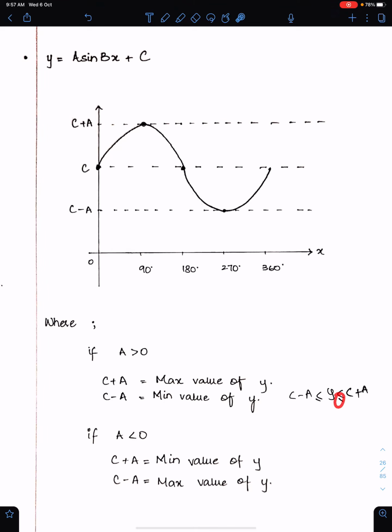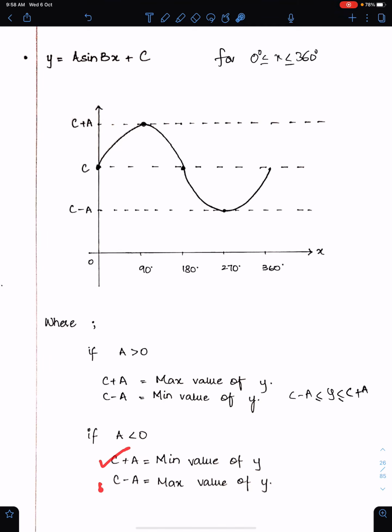These equals signs depend on the given domain. Let's suppose we sketch this function for this domain. Since the domain is inclusive, therefore the range will also be inclusive. Well, if a is positive, then this is maximum, this is minimum, and if a is negative, then vice versa.